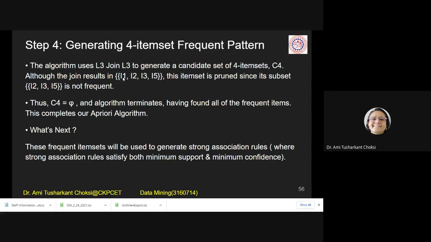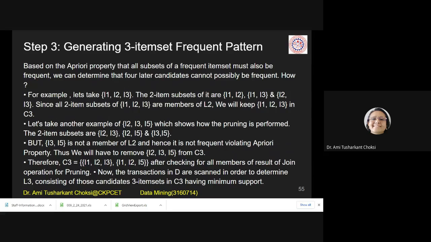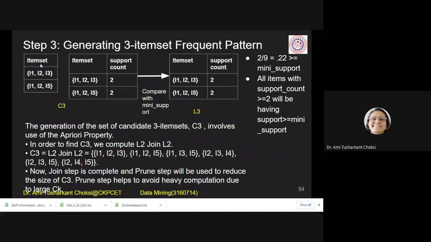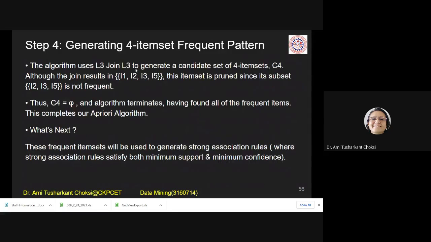The subsets are I1, I2, I3, I1, I2, I5, and I2, I3, I5. Is I2, I3, I5 frequent? Is it available in L3? No, it is not available. So we will not consider I1, I2, I3, I5 in C4.